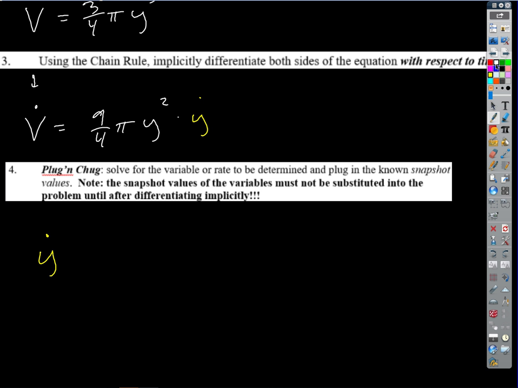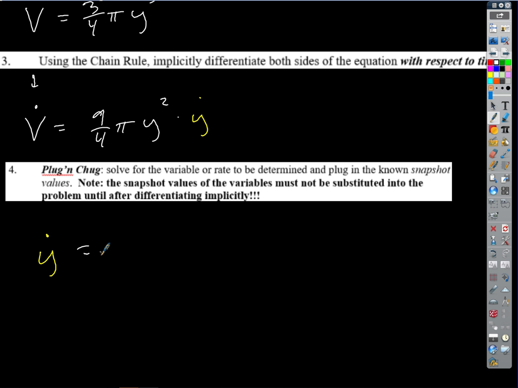All right, so you help me out with this. You guys are great at algebra. To get the y dot by itself, I'm going to multiply each side by what? To isolate the y dot? 1 over whatever it's called. Okay, sure, 1 over that, but I've got a fraction here, so let's break this down into dividing by some stuff and multiplying by some stuff. V dot times 9/4 pi y squared. I've got a 4 on the bottom. How do I get rid of that?